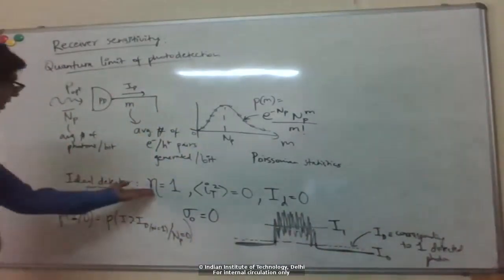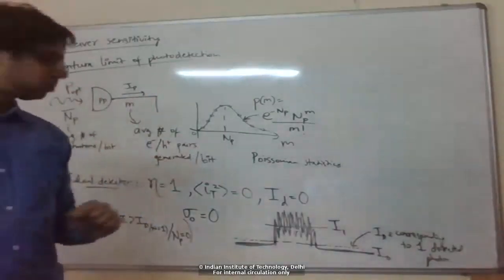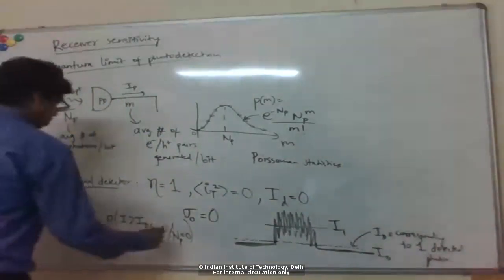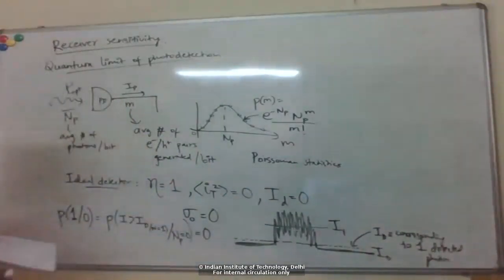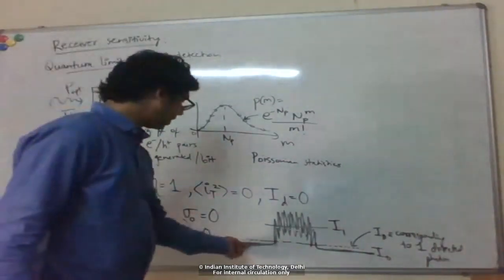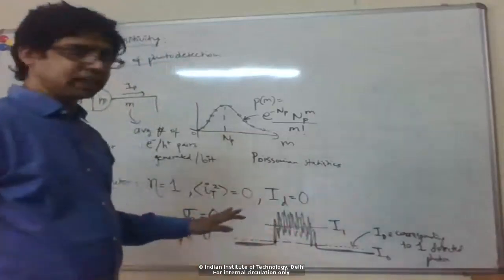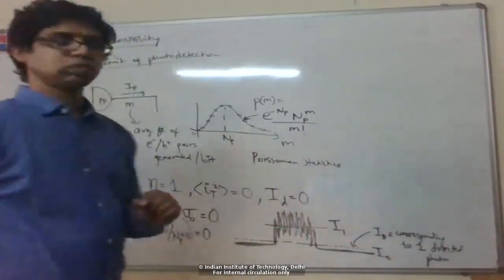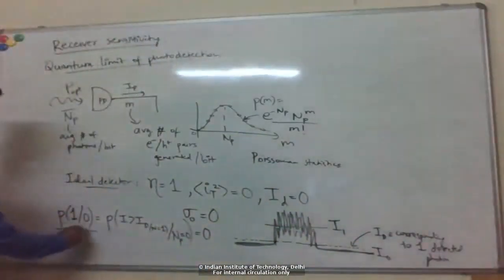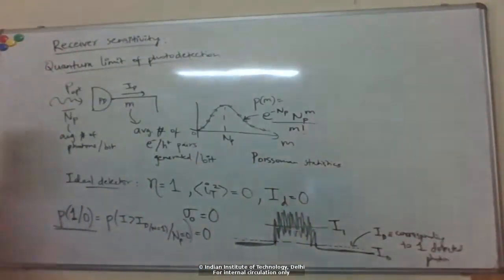But in the ideal detector, if 0 photons are received, then 0 electrons are generated. So this is actually just 0. For bit 0, I'm receiving an ideal nothing, which means the probability of detecting one or more photons is 0. So I will not have any errors of this type where I mistake a bit 0 for bit 1.